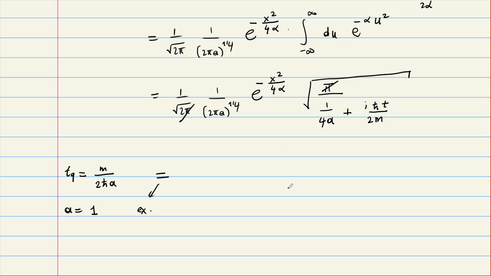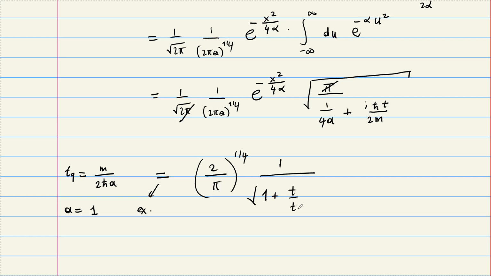What I found is this is 2 over pi to the 1 over 4. This is 1 over, you can see there's t and everything will be nicely combined.